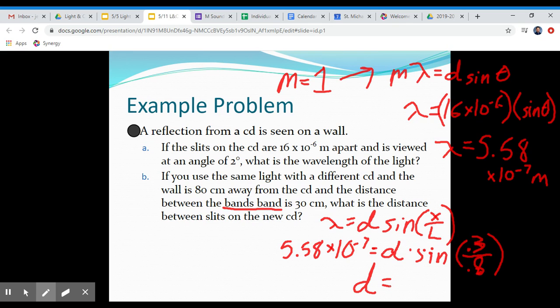You should end up getting an answer of 8.53 times 10 to the negative 5th meters. That is how far apart the tiny little slits on the CD are from each other. Okay, so hopefully that makes sense.